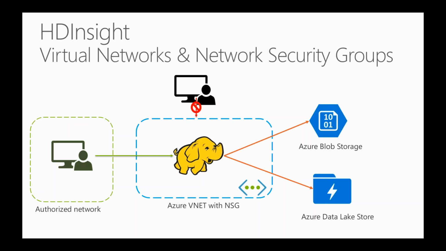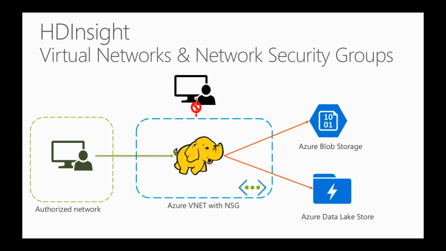They would have to be joined, peered together in Azure. So if they were in Azure, this could be an authorized network in your on-prem environment, in which case you would be VPN'd into your Azure virtual network. But you would set up network security groups to define exactly which networks and IP address ranges would be authorized there.